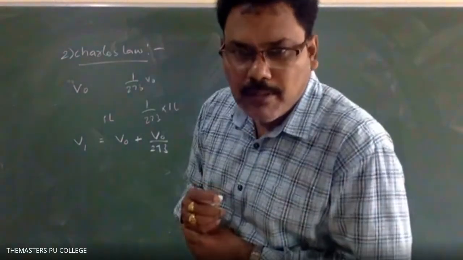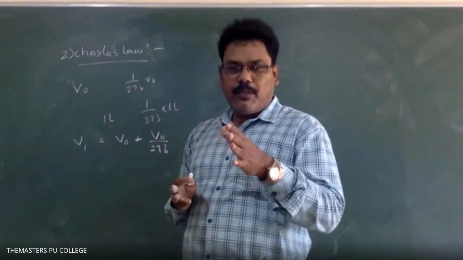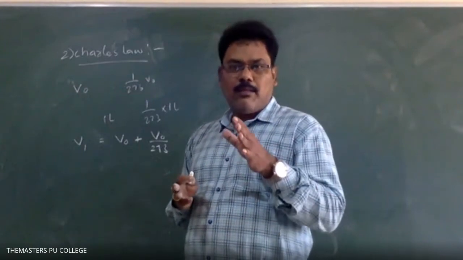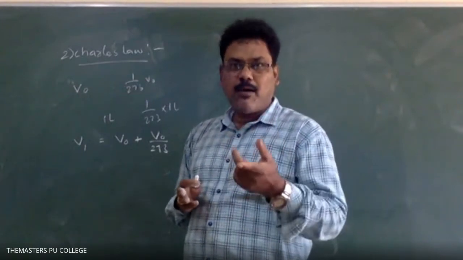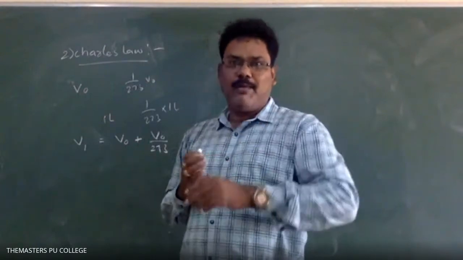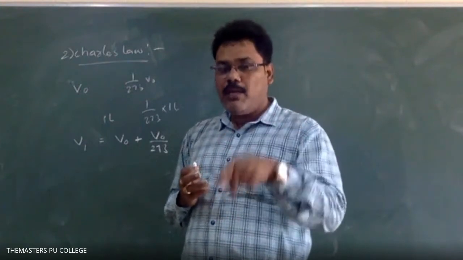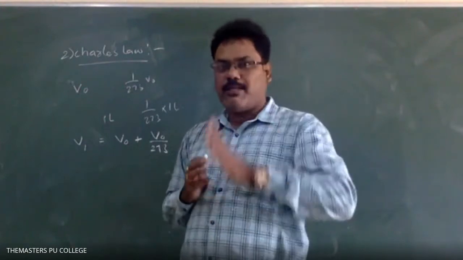Sir, can you explain again, sir? I did not understand. Okay, see, here, what is the statement? The volume of gas increases or decreases by 1 by 273 times when increase or decrease in 1 degree Celsius temperature.